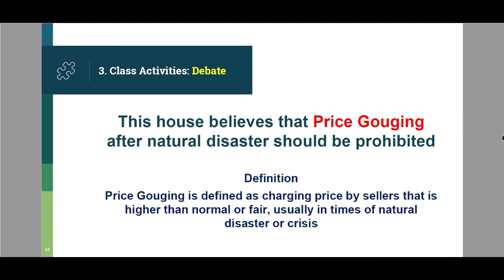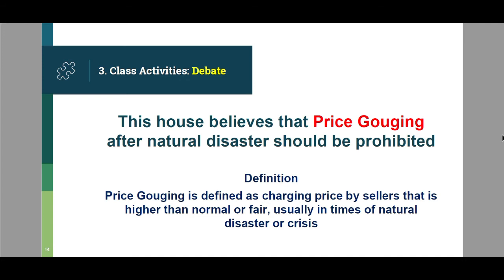In your debate, those who take the role of the proposition will try to prove or support that price gouging is wrong. We should prohibit it, we should not use price gouging during the period of the disaster.